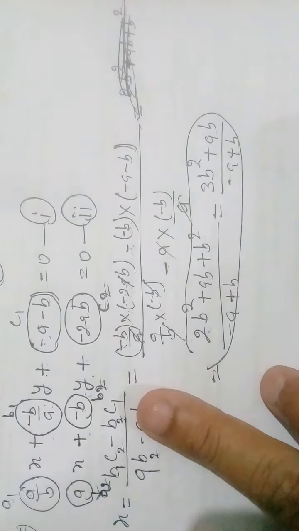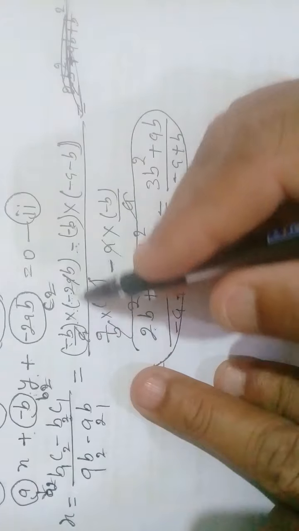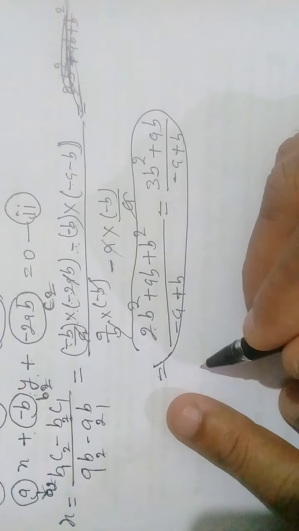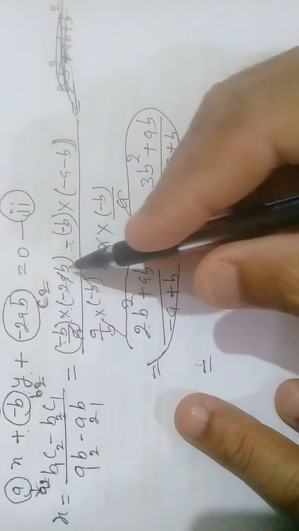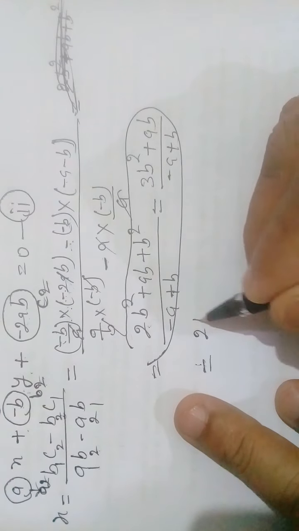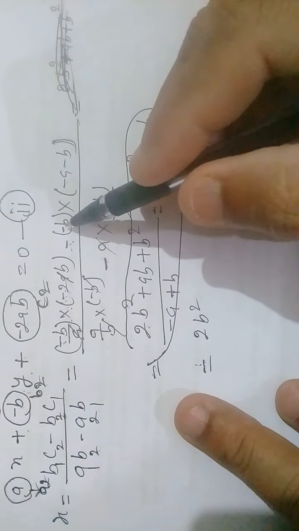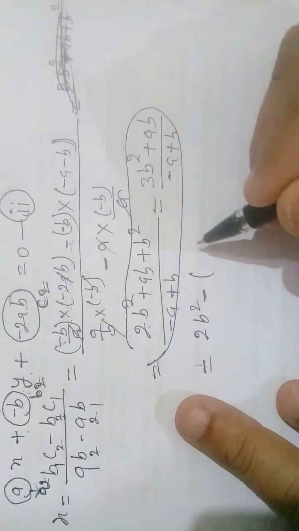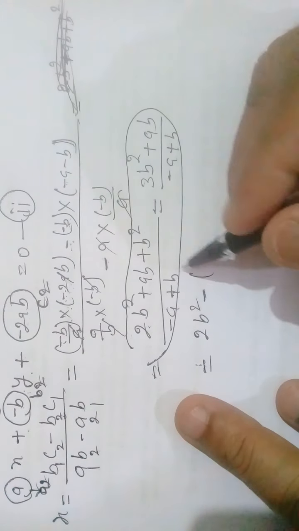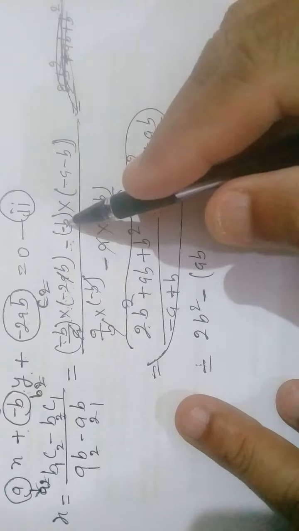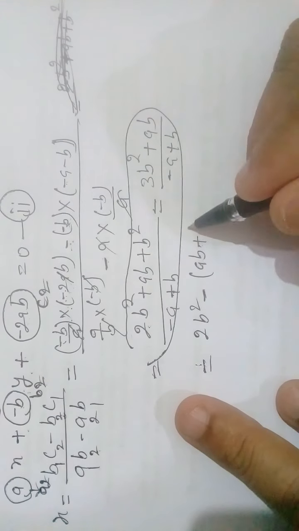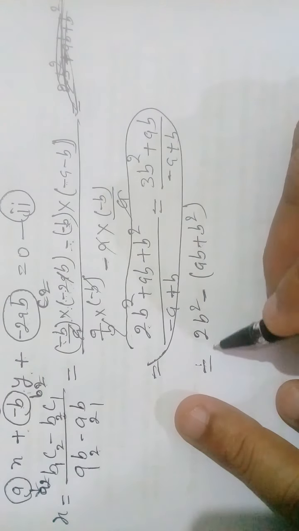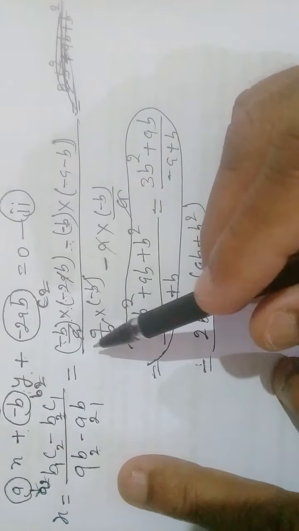Multiply here as minus minus plus 2B square, minus minus plus AB, minus minus plus b square by a1.